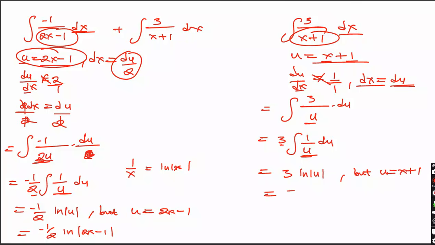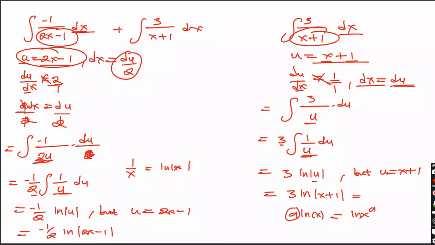So we're going to get 3 ln, where now there is u, x plus 1. If you are that student who likes recording things, you can remember that if you have a ln x, it is just the same as ln x raised to the power a.